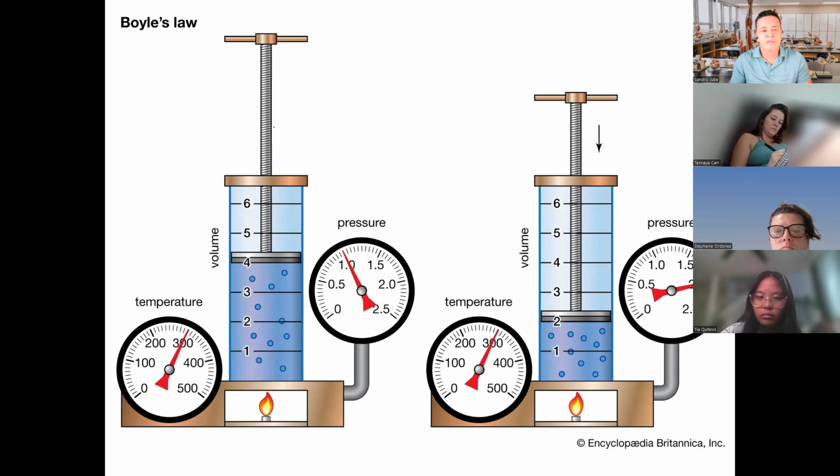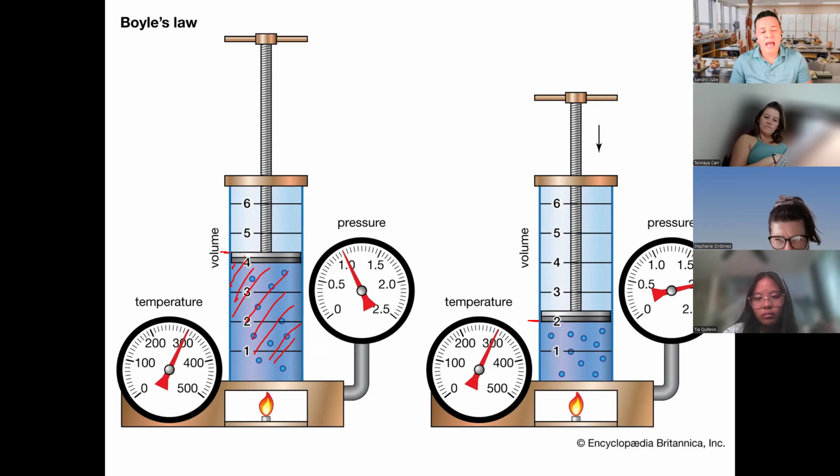Here we have a device, guys. This tube right here. And in this tube, we have air. So there's air right here. Now we can see that in this tube, we can change the volume inside of the tube. We can go from 4, whatever unit that might be, to 2. Okay?